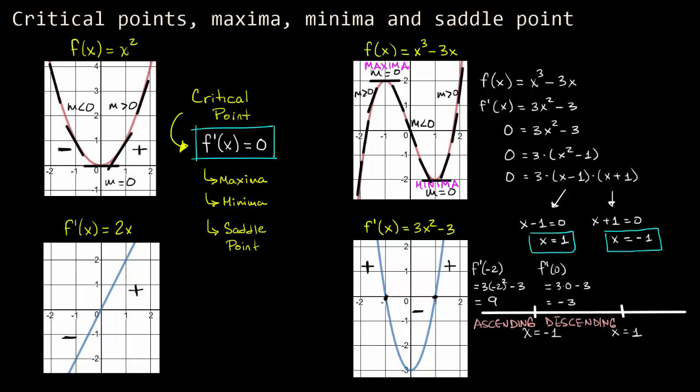Now, let's just finish the testing with the f prime. Let's say f prime of 2. Why not 2? So it would be 3 times 2 squared minus 3, and this would actually be the same result as the previous.